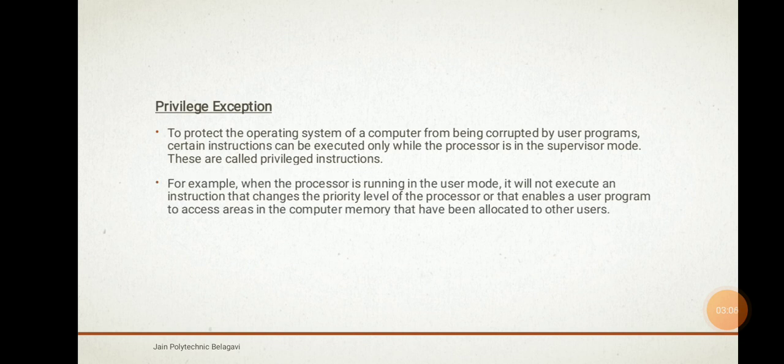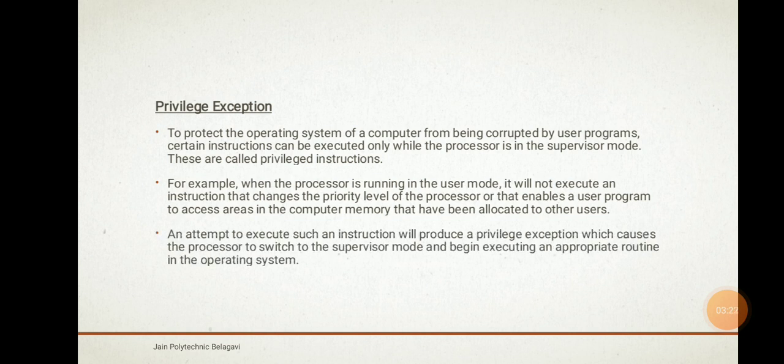For example, when a processor is running in user mode, it will not execute an instruction that changes the priority level of the processor or that enables the user program to access areas in the computer memory. An attempt to execute such an instruction will produce a privilege exception, which causes the processor to switch to supervisor mode and begin an appropriate routine.